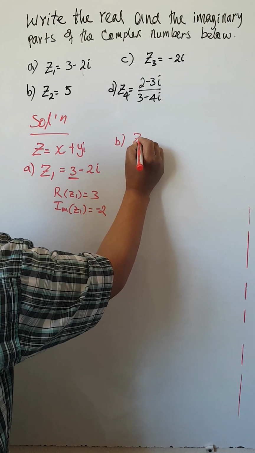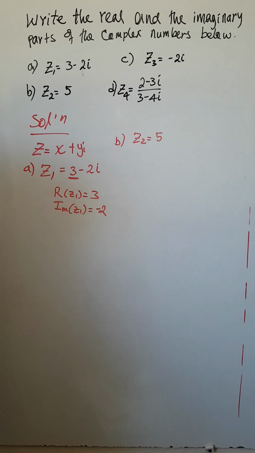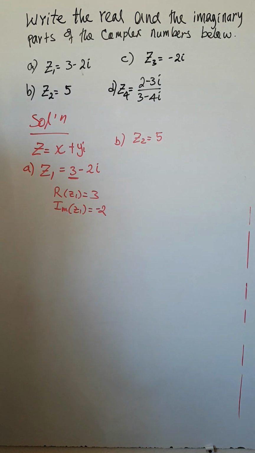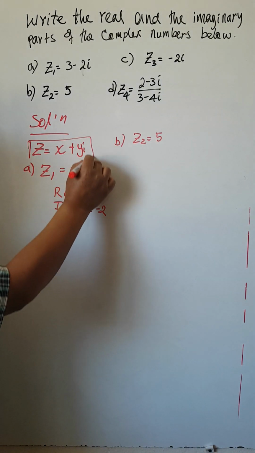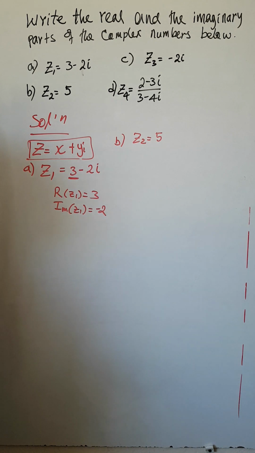In the same manner, for b, here we have z2, which is equal to 5. We are told that this is a complex number. Then, if this is a complex number, there has to be a real part and an imaginary part.